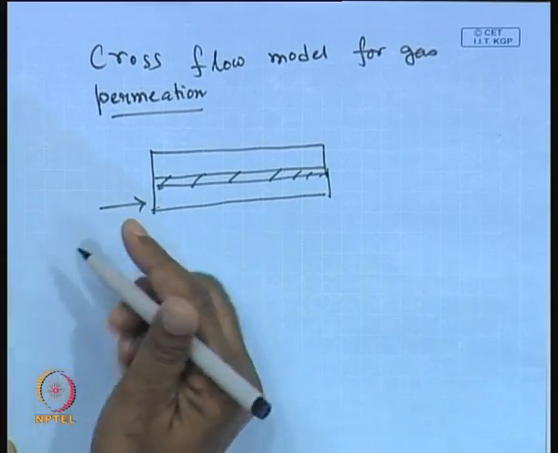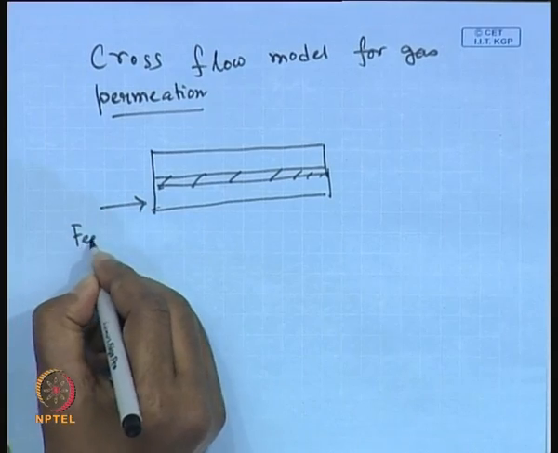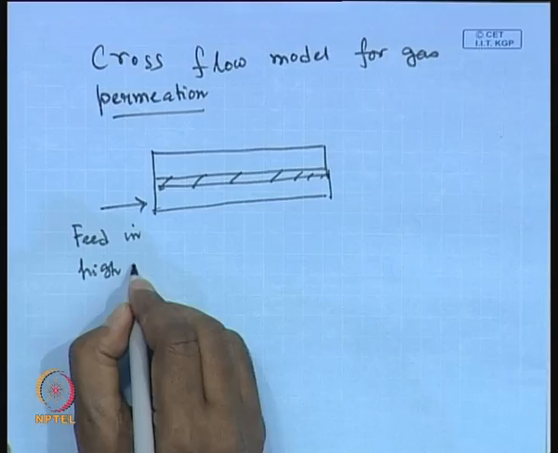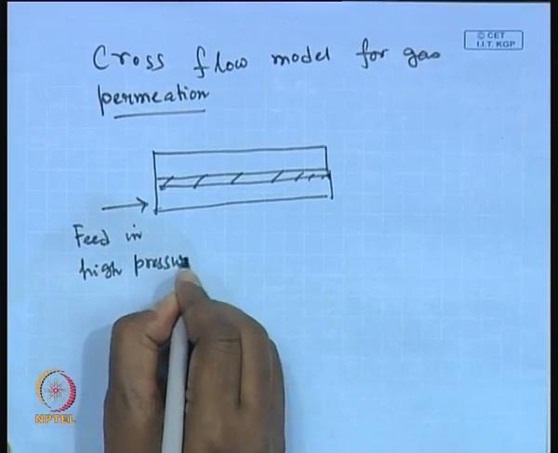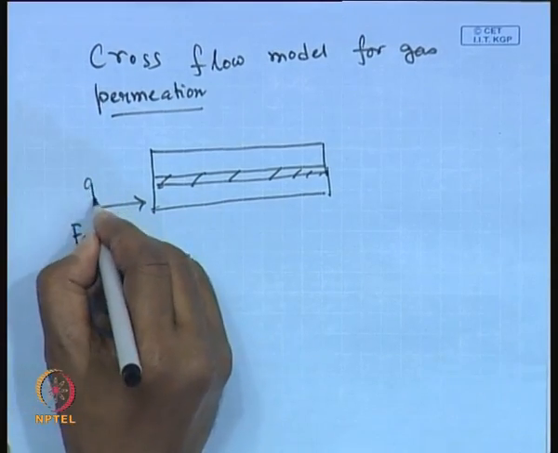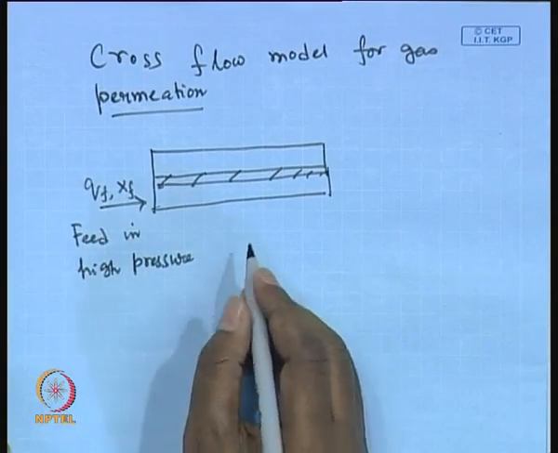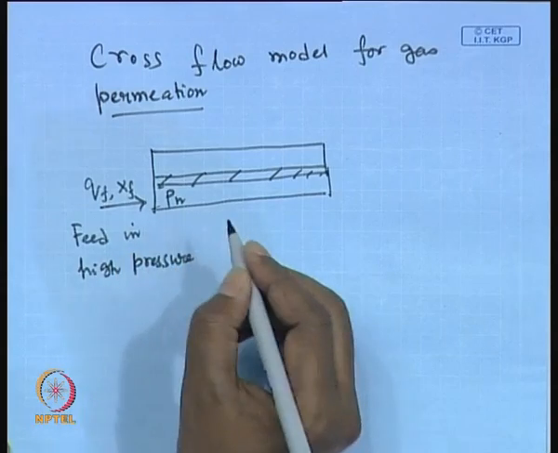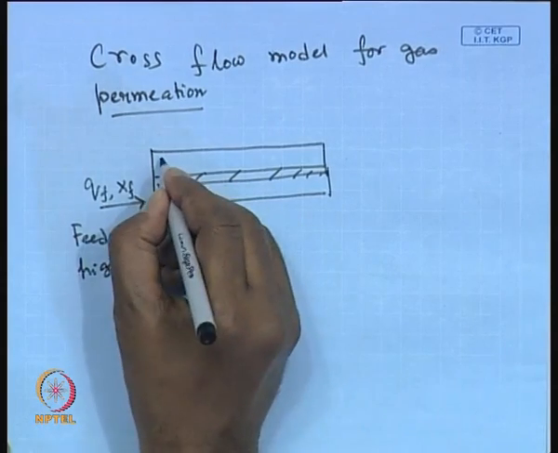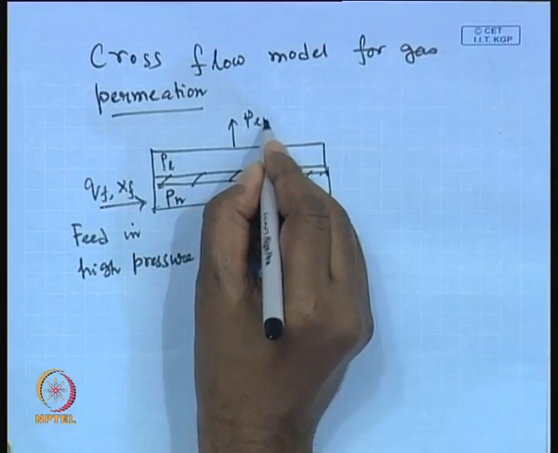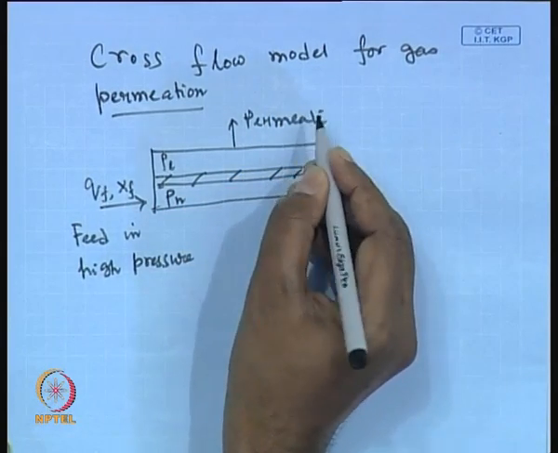This is the feed coming into the system at high pressure, and the flow rate is QF, the mole fraction is XF, PH is the pressure on the feed side, a high pressure, PL is the lower pressure, and the permeate is taken out from the other side.